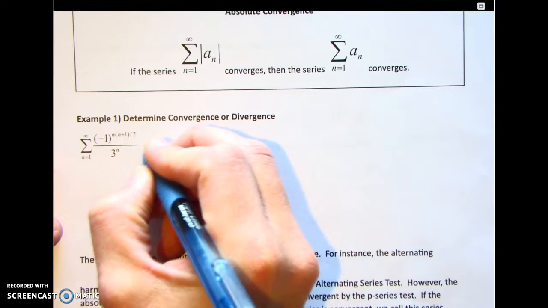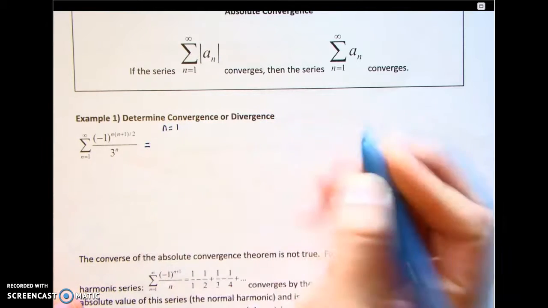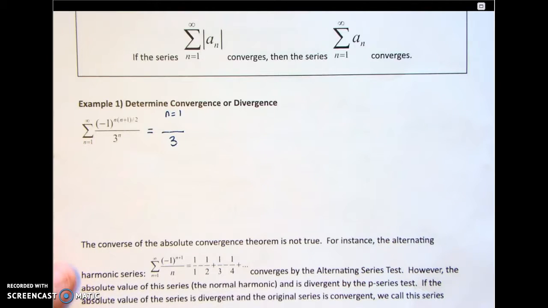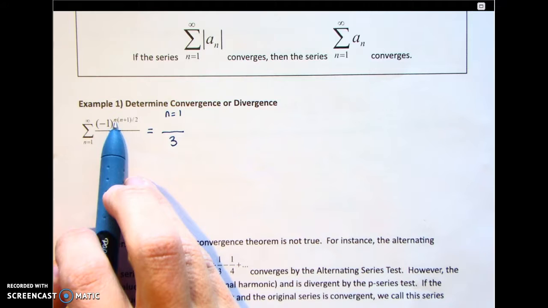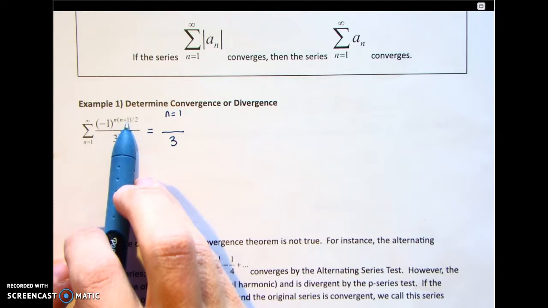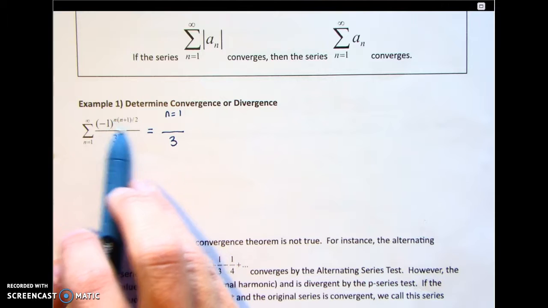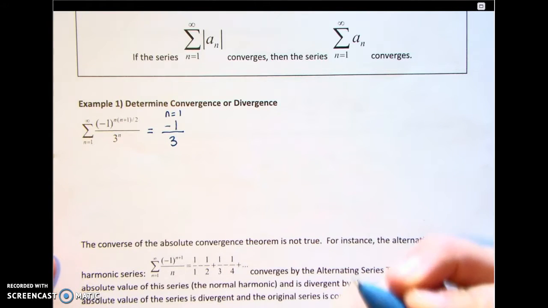Ready? So when n equals 1, that's where we start. The denominator is 3, right? So if n were 1, then this would be 1 plus 1, which is 2, and 2 divided by 2 is 1. So this whole numerator is 1, which means this is negative to start.